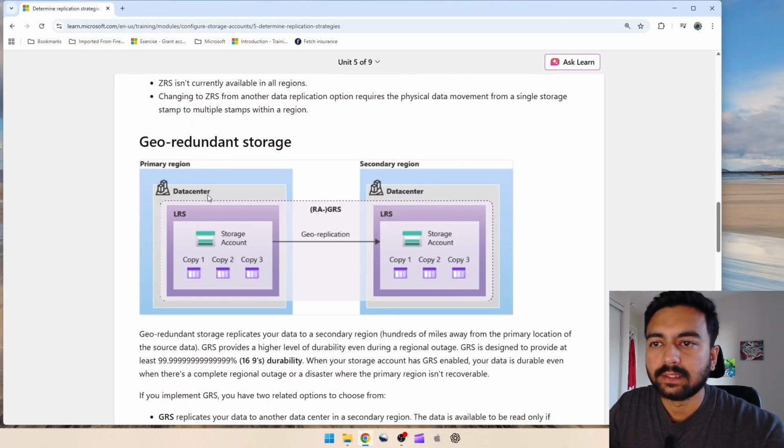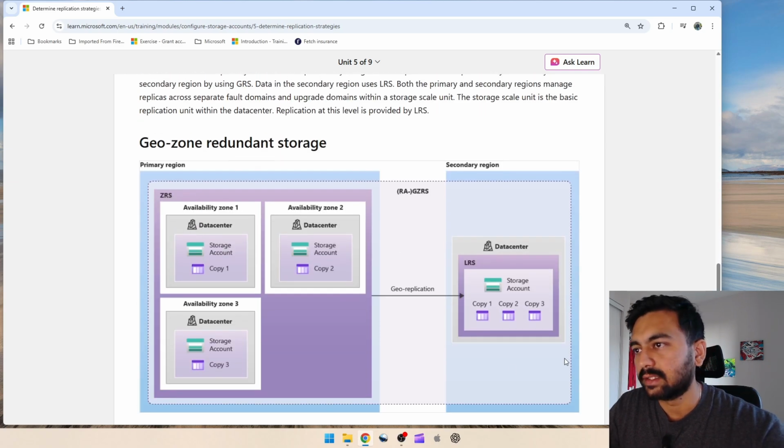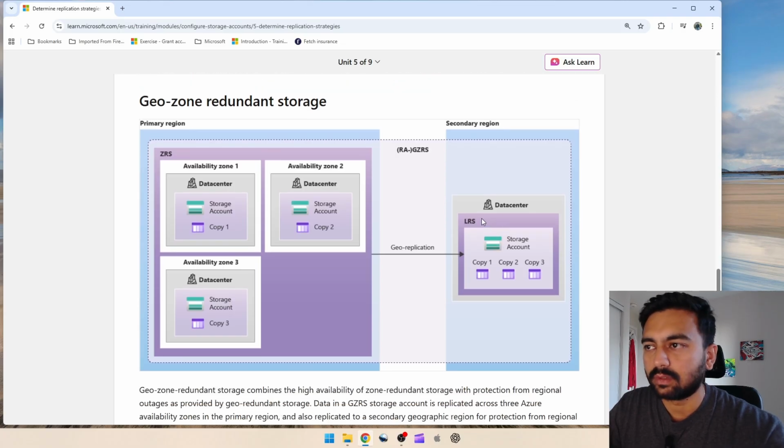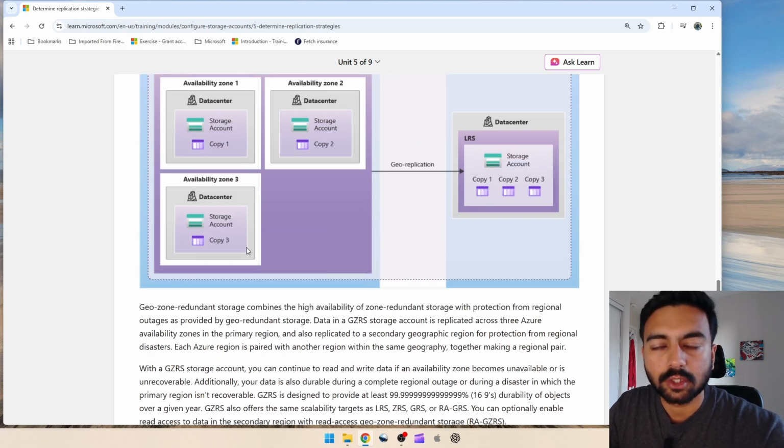That's why they added the geo and added another secondary region, a different region, different data center, using locally redundant storage. So one storage shelf or server, multiple copies. In case of a regional outage, you can always have one copy saved in a separate secondary region, and they use a geo replication strategy. It looks like that's what it's called. Okay, that took a while to understand.